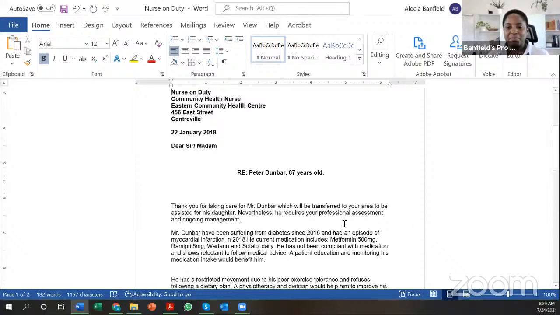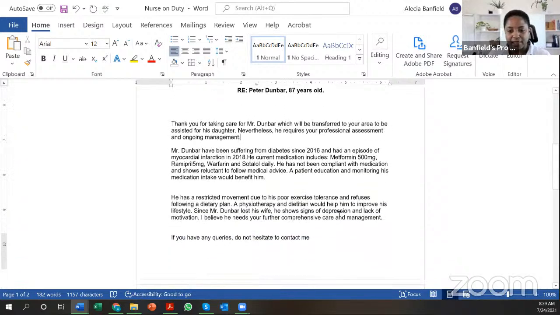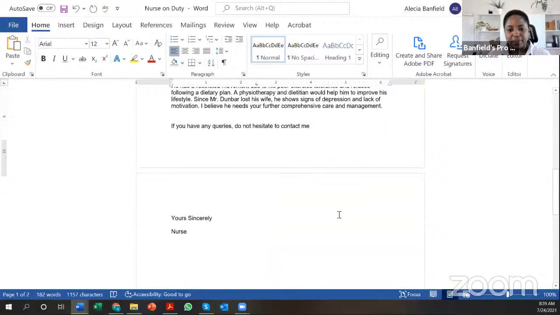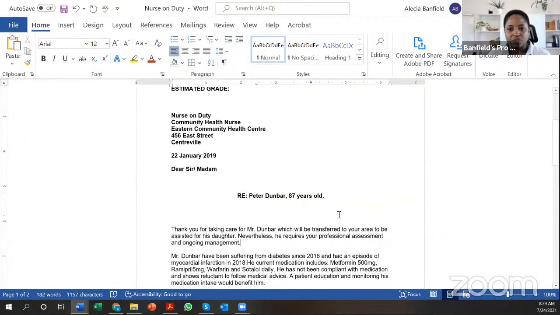All right, so getting back to the letter then. Right, so we look at how it's formatted. And we see that Junior has followed the formatting guidelines. He's got the address of the reader, the date, dear sir, madam, which is the formal address.